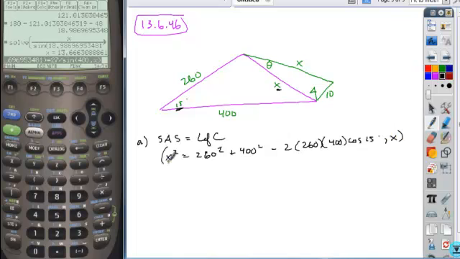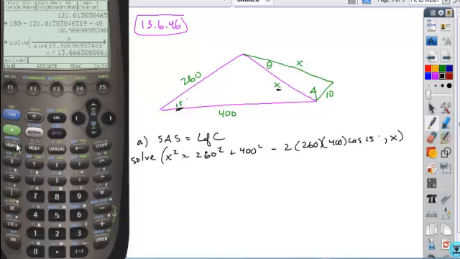So I can use the solve feature on the calculator to find this measure. I hit F2 algebra tab, type in the equation as it is.